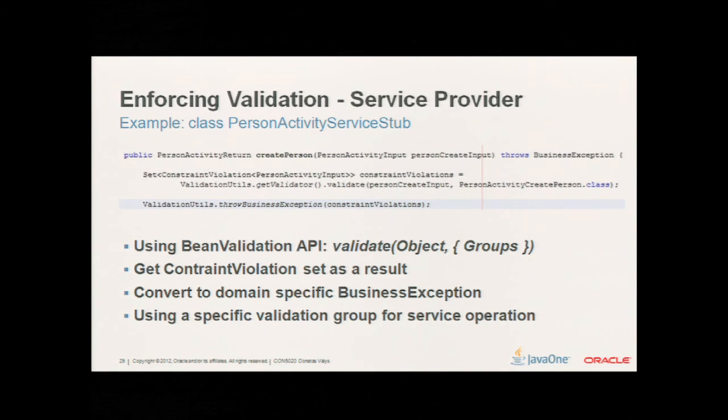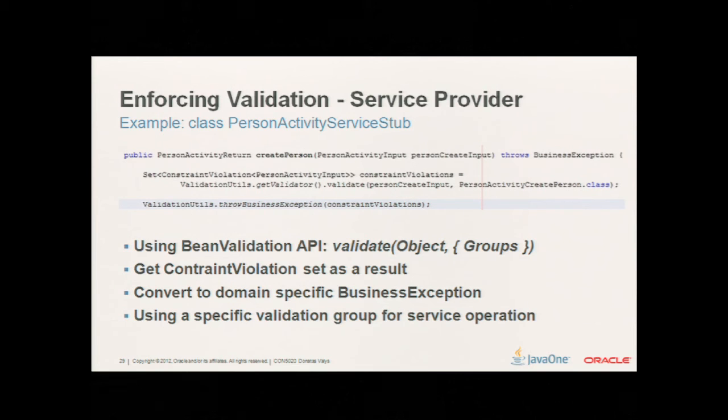So you get a set of constraint violations as a result, and normally it's good practice to translate it to some domain-specific business exception, because there might be some clients which are not only Java clients. So normally when you design services, you design also your business exception.